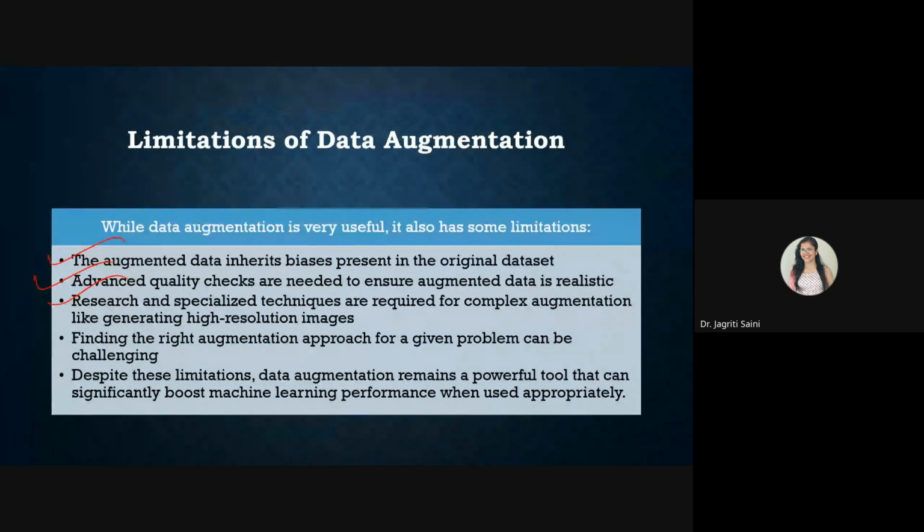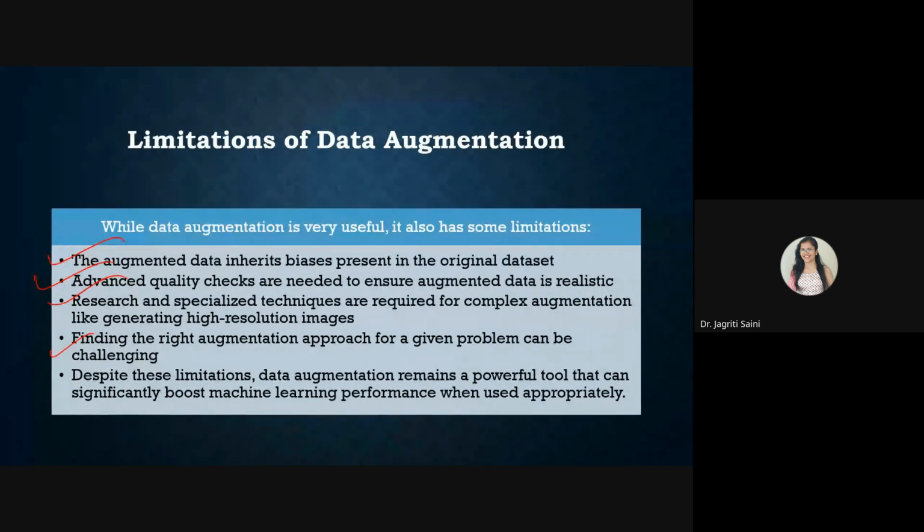There are plenty of complex augmentation techniques that can generate high resolution images also, but definitely more research and specialization in those fields are required, and we need to design robust models even for the augmentation process as well. Finding a good augmentation approach again is a difficult thing.